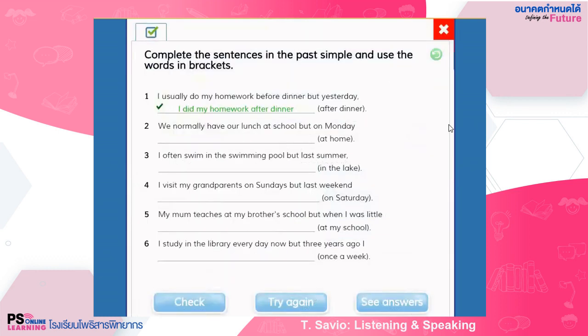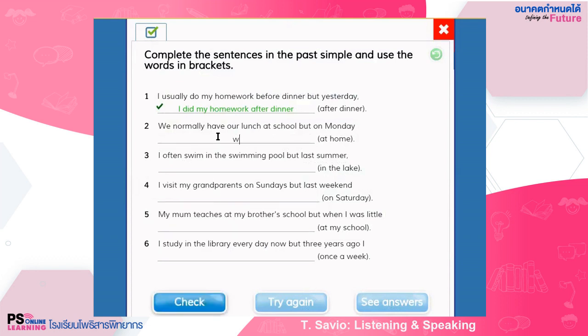Let's do this exercise. Complete the sentences in the past simple and use the words in brackets. I usually do my homework before dinner, but yesterday I did my homework after dinner. Number 2, we normally have our lunch at school, but on Monday we have to use at home.